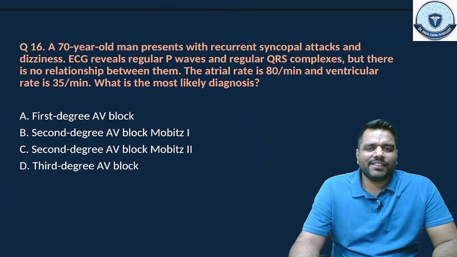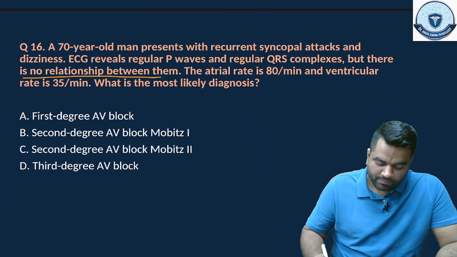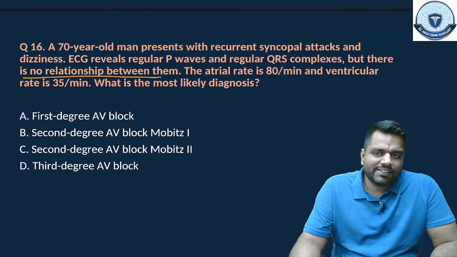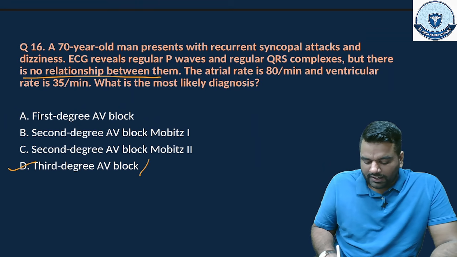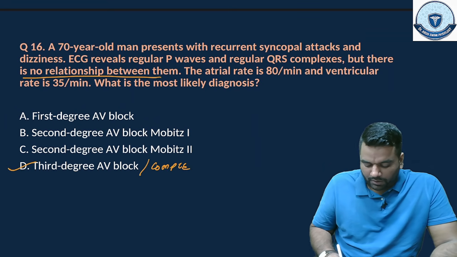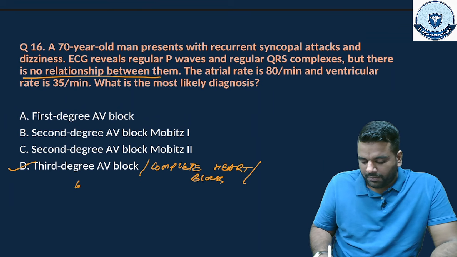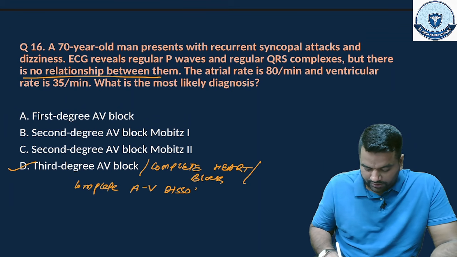Guys, you can easily see there is no relationship between the QRS and the P wave. And guys, this is suggestive of third degree AV block, which is also called complete heart block. Another name is complete atrioventricular dissociation.